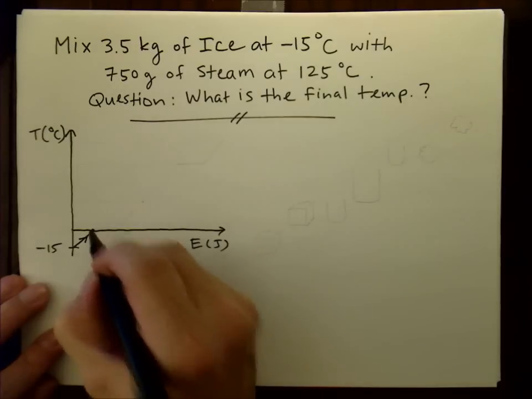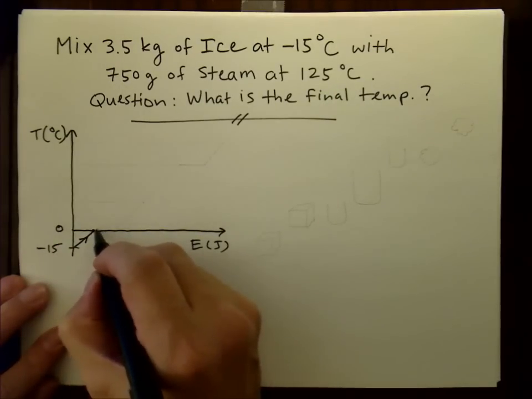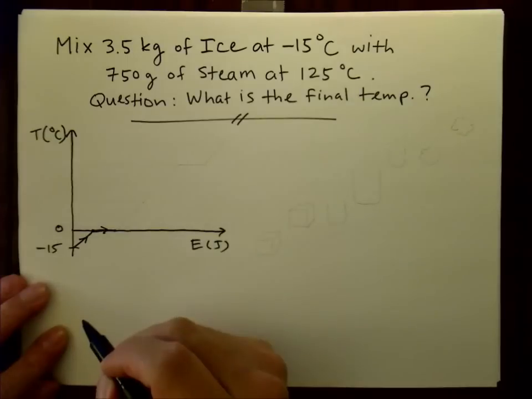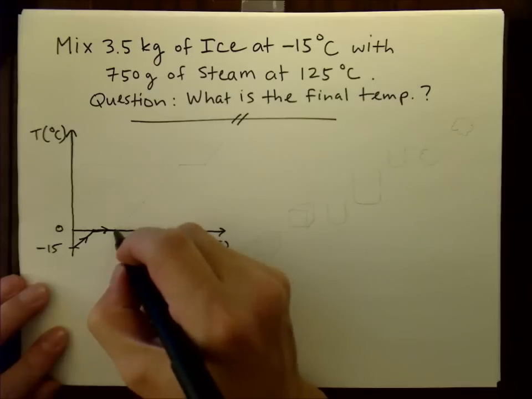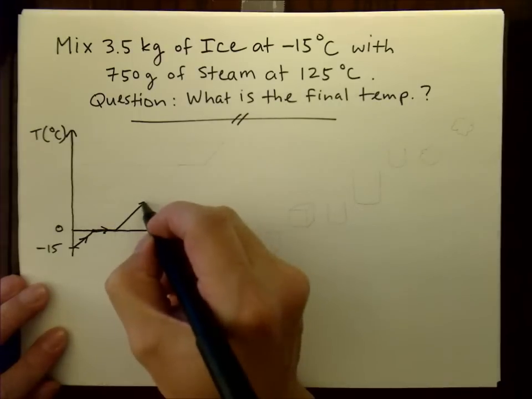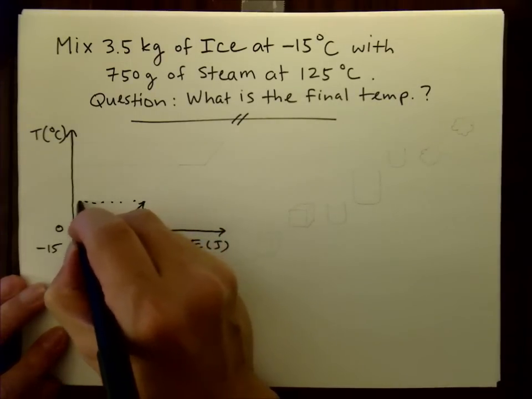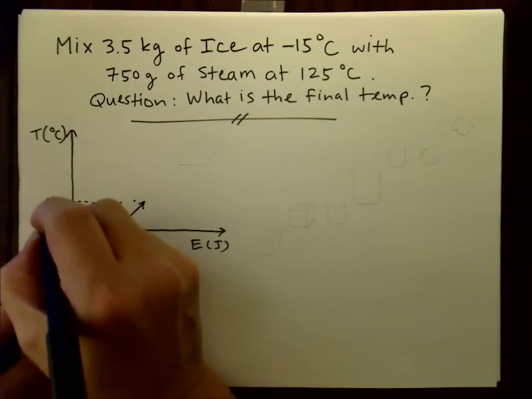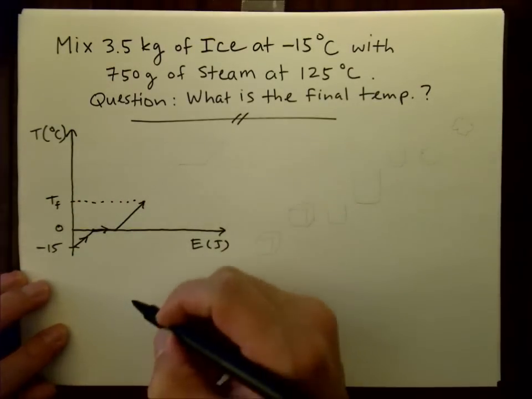Once it reaches 0 degrees C, however, it starts to melt, and as it melts it remains at 0 degrees C. And once all the ice is melted, it will start to rise in temperature as a liquid, eventually reaching a final temperature here, which we're going to call T subscript F. And that's the temperature that we're actually going to be looking for.